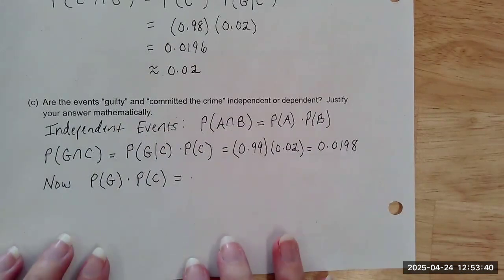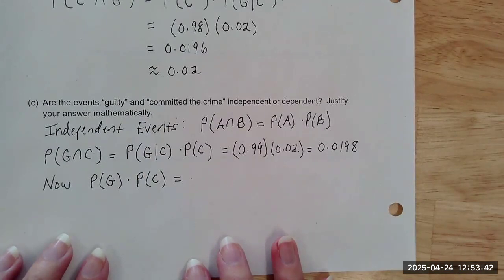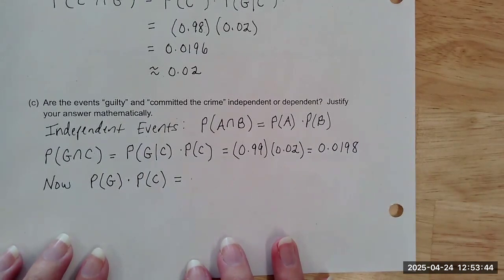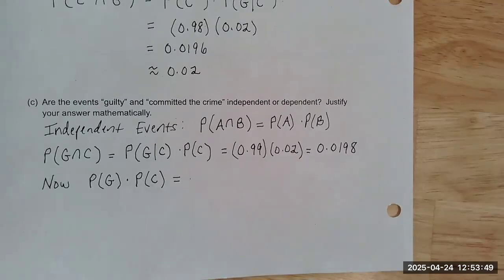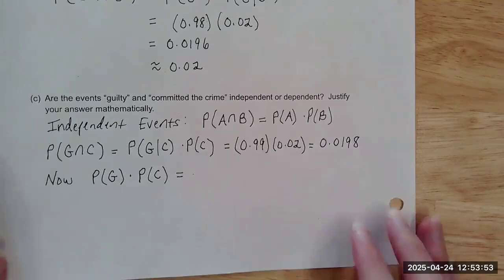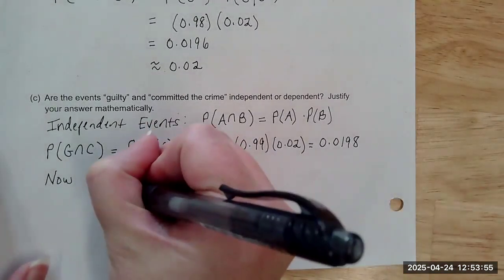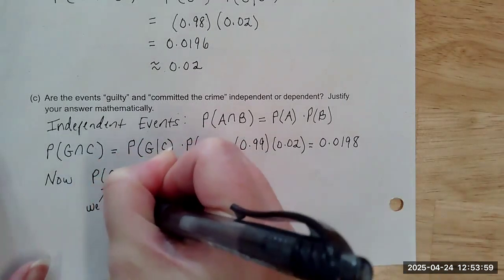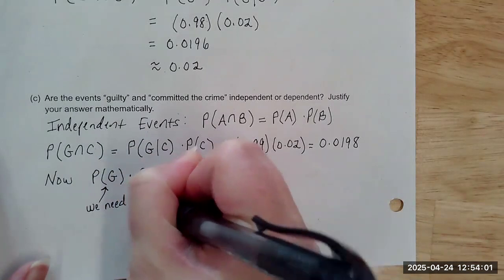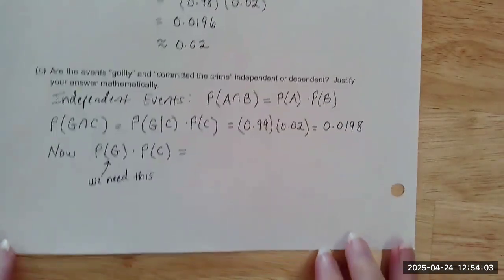So probability of G is not a thing that we have calculated. Probability of C we do have. So we have to go find the probability of G, and that's using our law of total probability. So we need this one. So we're going to do that calculation here.